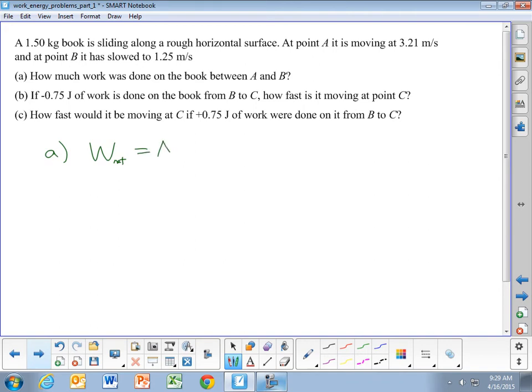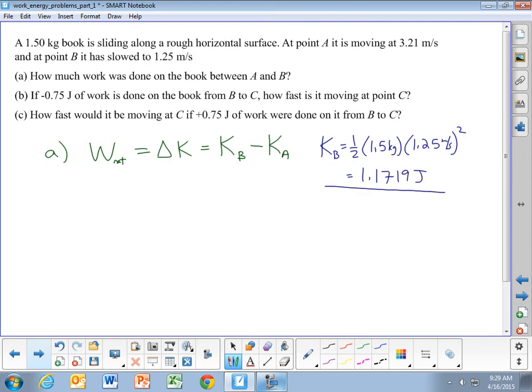This is the change in kinetic energy of the book, which is the final kinetic energy, the kinetic energy at point B, minus the initial kinetic energy at point A. The kinetic energy at point B is 1/2 times the mass of 1.5 kilograms times 1.25 meters per second, that quantity squared, which is 1.1719 joules.